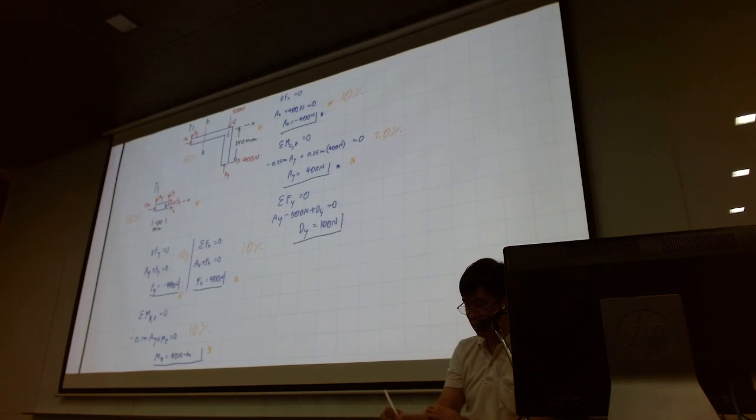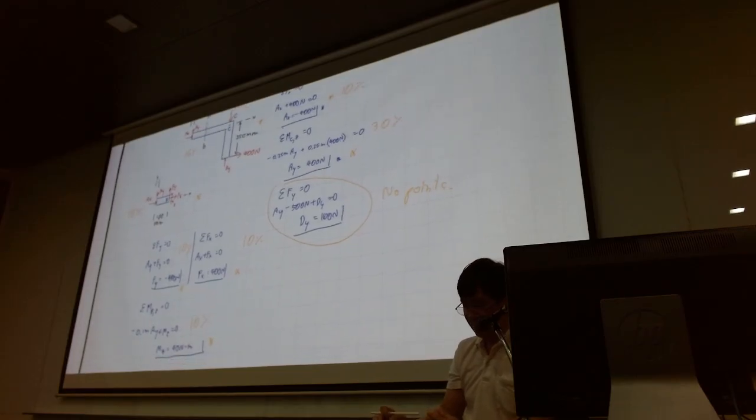So since this is not needed, this is like no point. I'll be adding a point somewhere. I don't know where. So maybe over here, 30%. Seems like the most difficult. The rest is rather straightforward, rather easy. So I'll say 10% for each one of those.